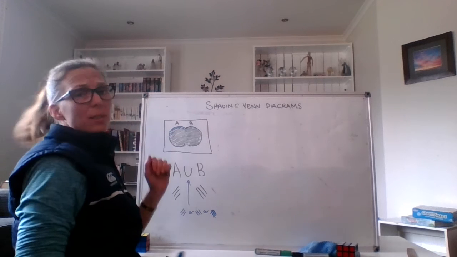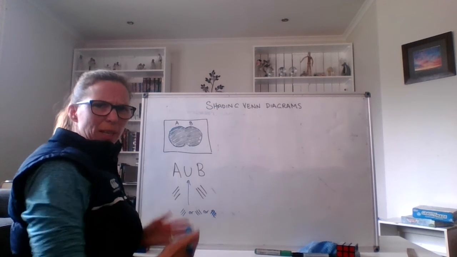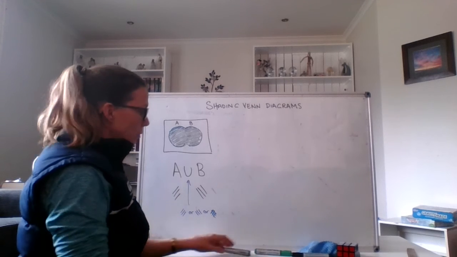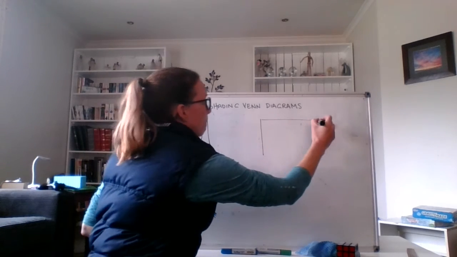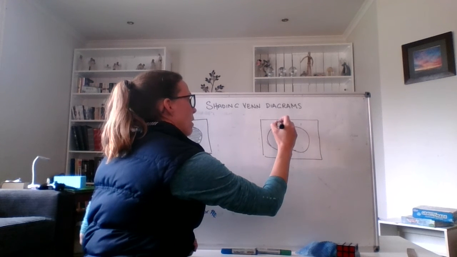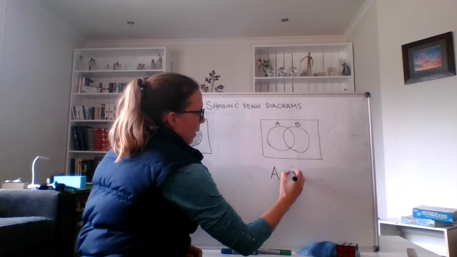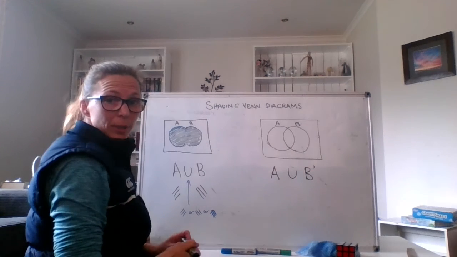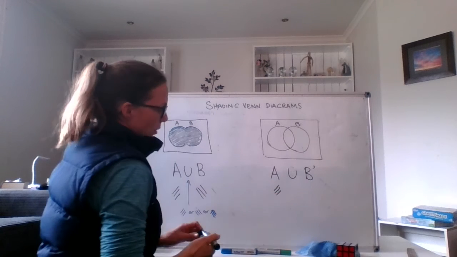Now, again, this is a nice straightforward example, so it doesn't feel like we need to go through that shading process, but it really does help. So I'll do one that's slightly different. Here I'm going to have A and B, and I'm going to look at A union not B. Again, I'm going to start with my first symbol and shade that here.